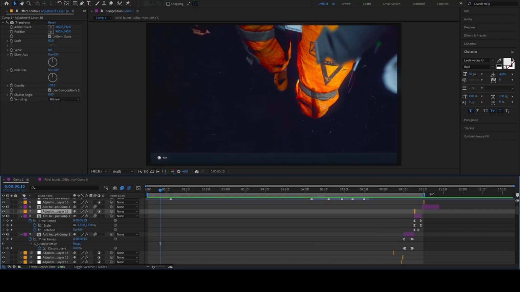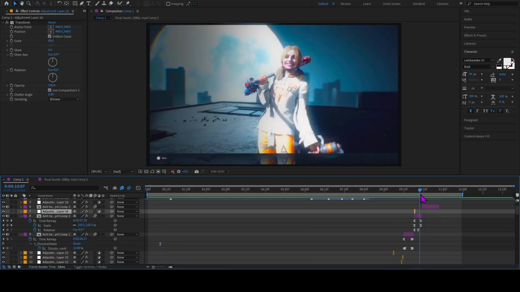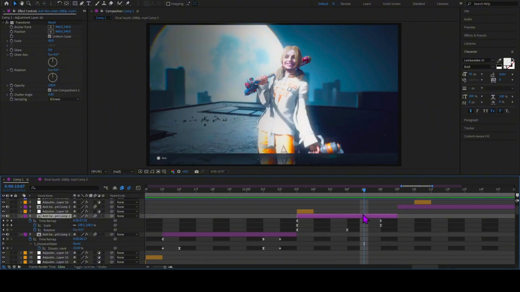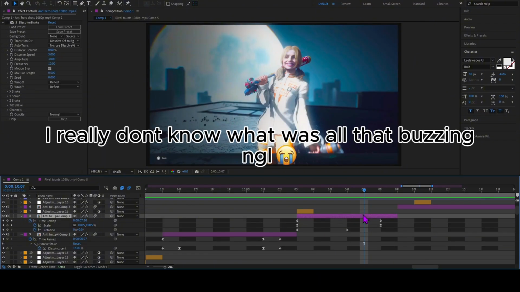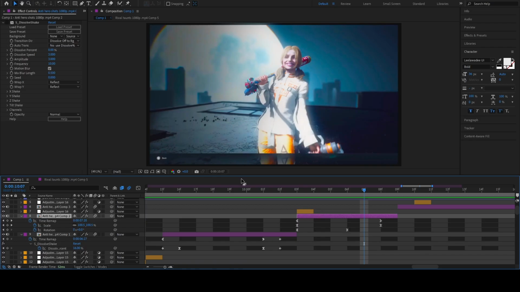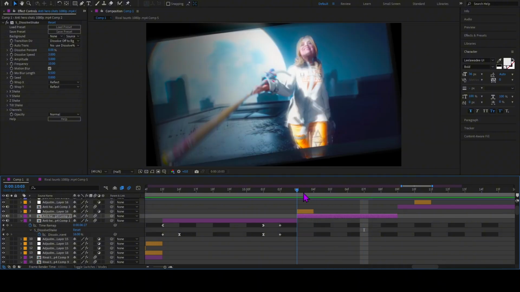And then here, like I said, camera scale rotation. Where's the dissolve shake? Oh, you know what?